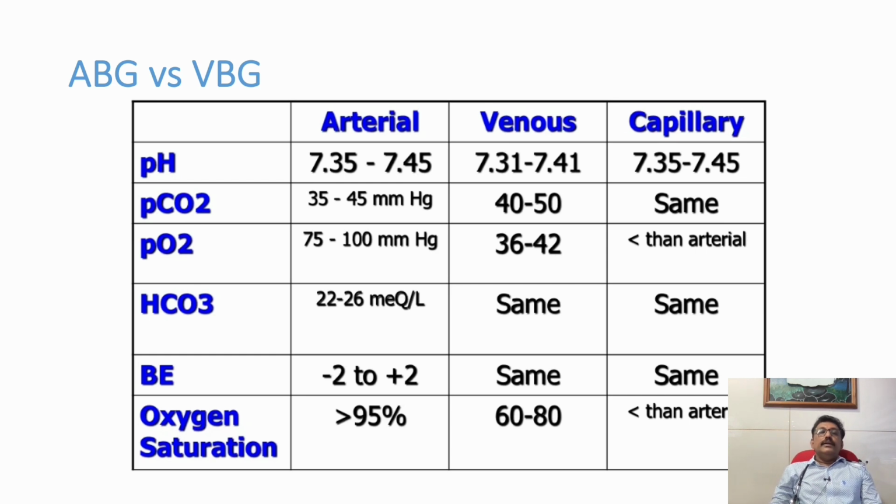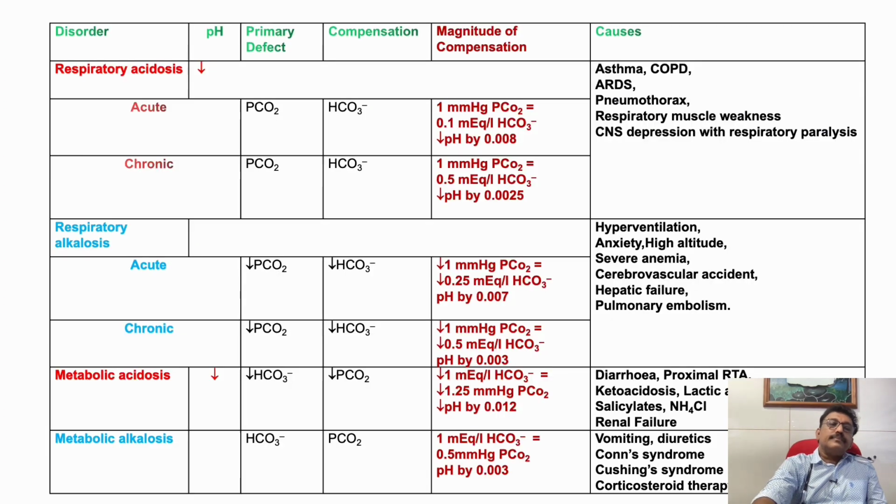That's why the venous sample contains a very low oxygen level. Bicarbonate 22 to 26 is the same in venous sample. Base excess is the same. Oxygen saturation is more than 95% in arterial sampling, and it is 60 to 80 in venous sampling, because oxygen is utilized in the tissues and desaturated blood is sent back to the heart through the veins.